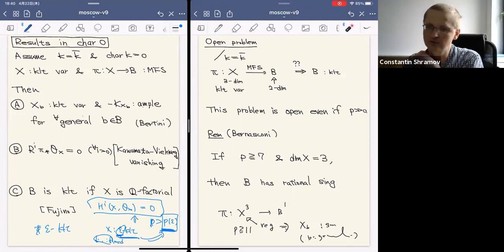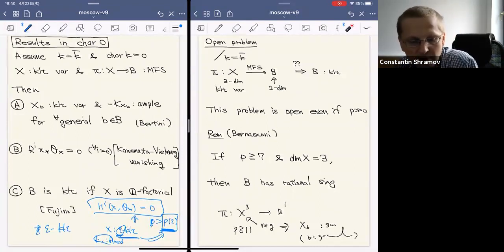I see. And another question. As far as I got from your counterexamples, there are many problems, as Gebhardt pointed out several times, that come from geometric non-normality of a generic fiber of a fibration, and KLT singularities of the ambient space are compatible with this geometric non-normality.